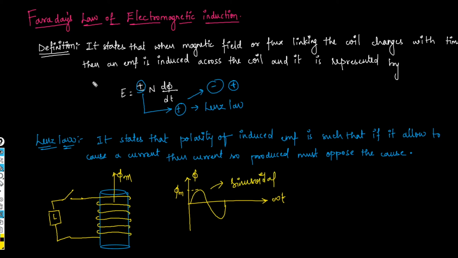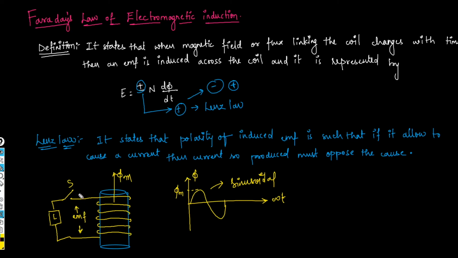Now to satisfy Faraday's laws of electromagnetic induction, we have flux which is varying with time, and it is linking a coil wound on an iron core or a magnetic material core. So what happens? Definitely an EMF should be induced across this particular coil. So assume that an EMF has been induced across these two terminals.